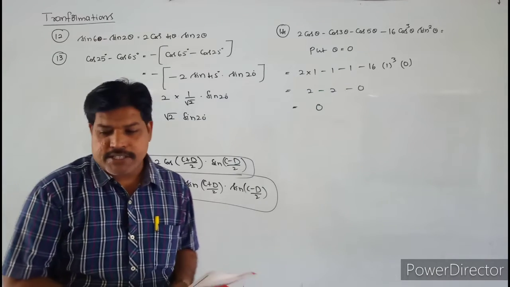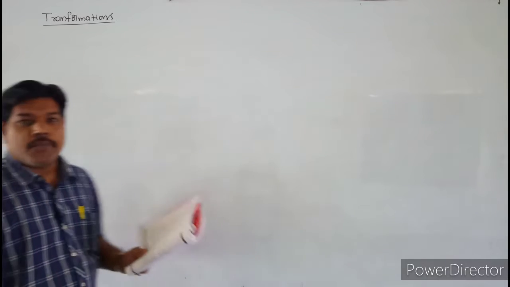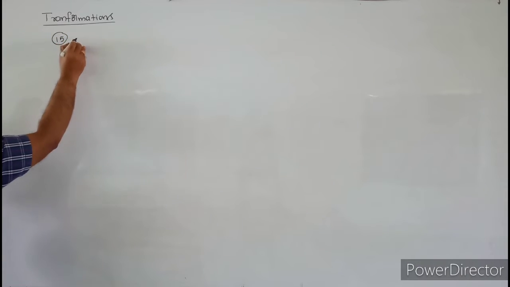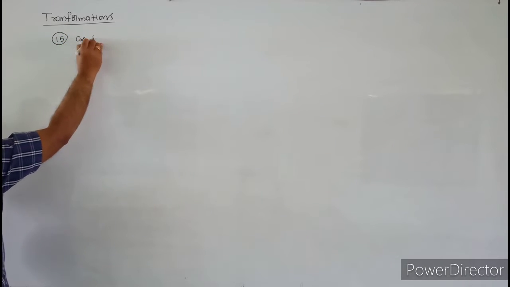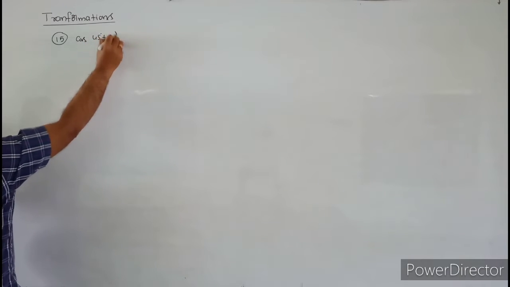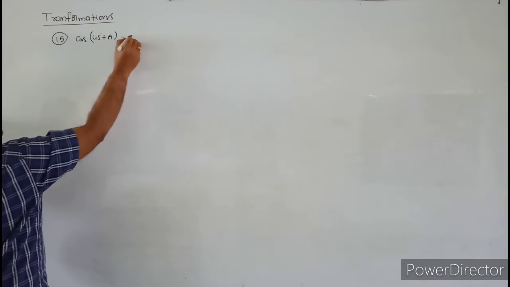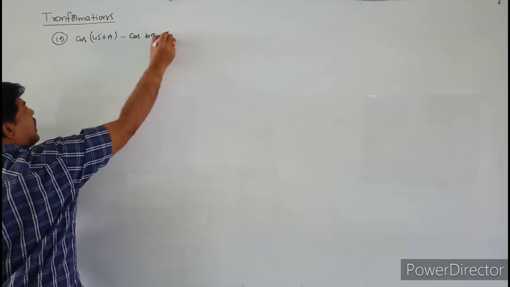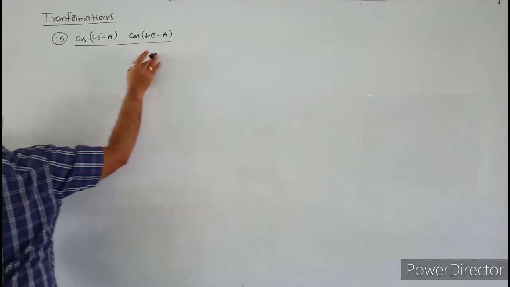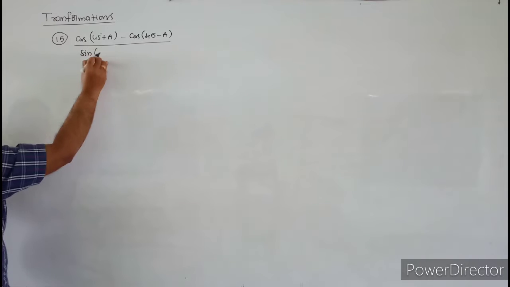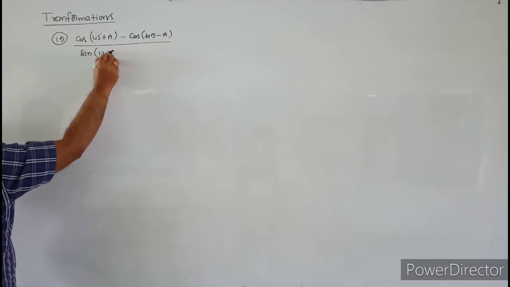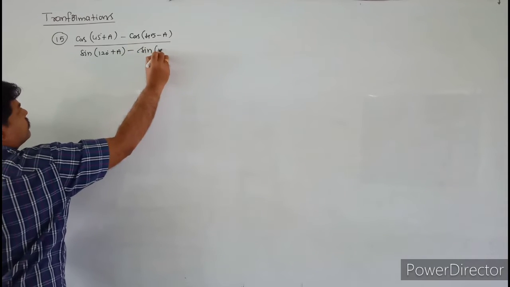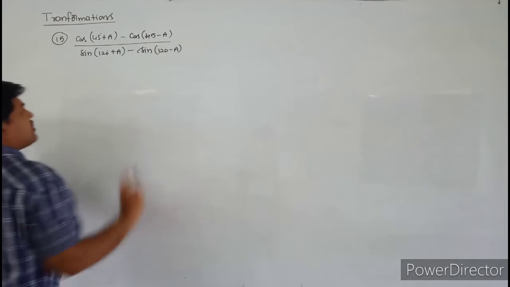See the next question, question number 15. Cos of (45 plus a) minus cos of (45 minus a), divided by sin of (120 plus a) minus sin of (120 minus a).